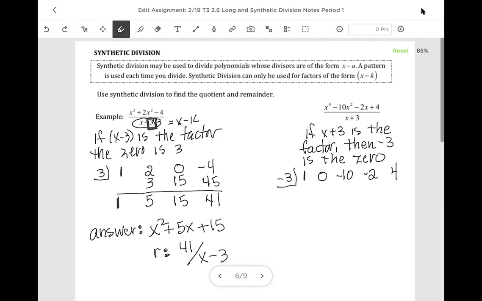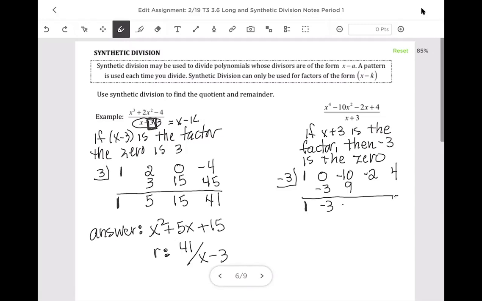All right. We draw our line for synthetic division. We bring down the first number and we begin the pattern. 1 times -3 is -3. Add. -3 times -3 is 9. Put it under the -10.